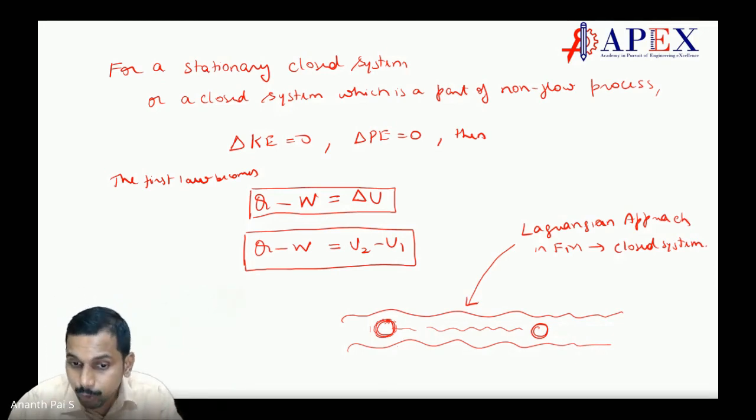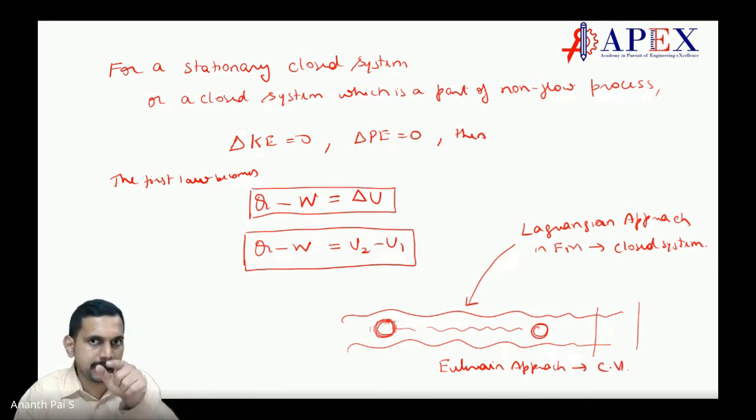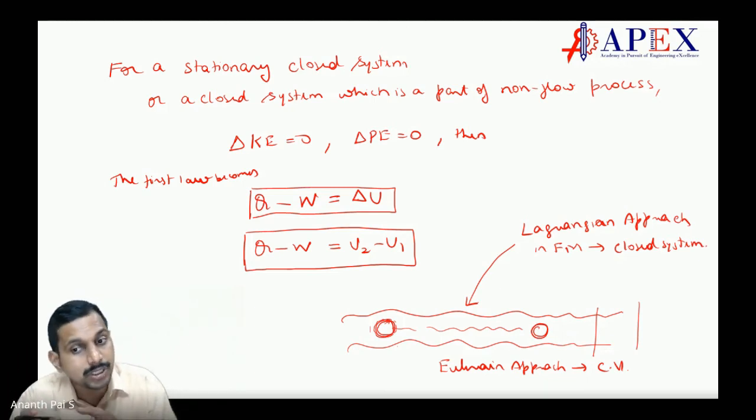Then if you consider a control volume, what is that? That is the Eulerian approach. In mechanics, in kinematics, we have seen the Lagrangian approach and Eulerian approach, is it not, students? Eulerian approach is about the control volume. Lagrangian approach is about the closed system, control mass.